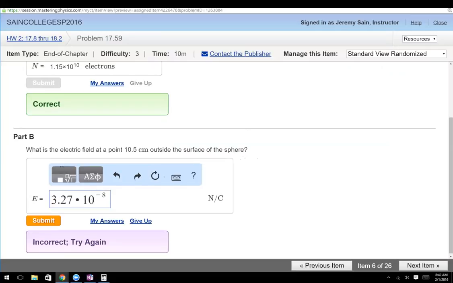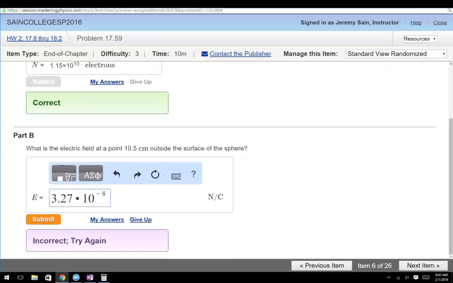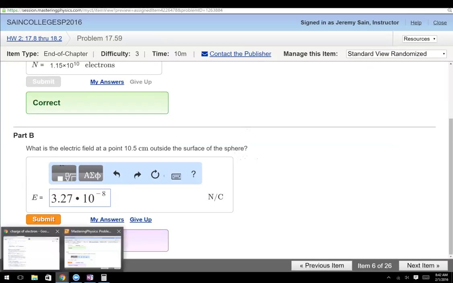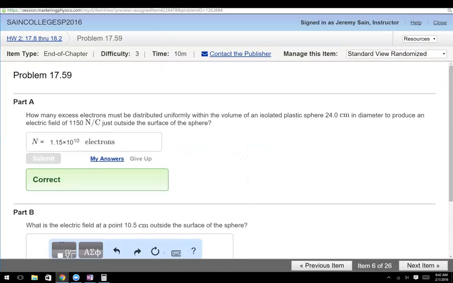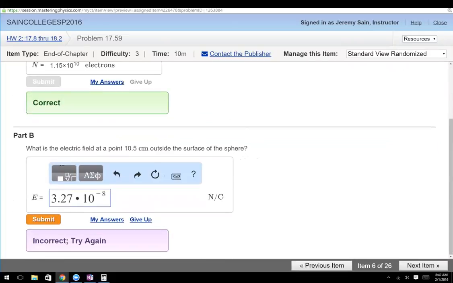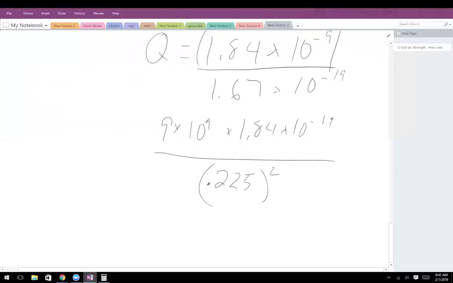What did I do that time? There's no way the answer is that small. Because it's 1150 just outside the surface. There's no way it dies off that quickly. Oh, because I copied the charge wrong.